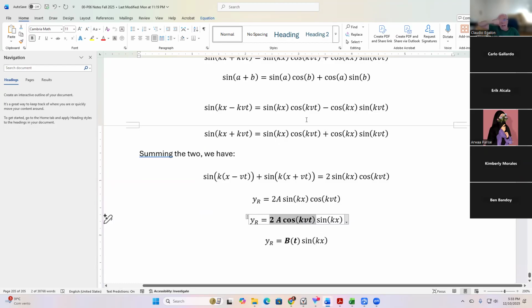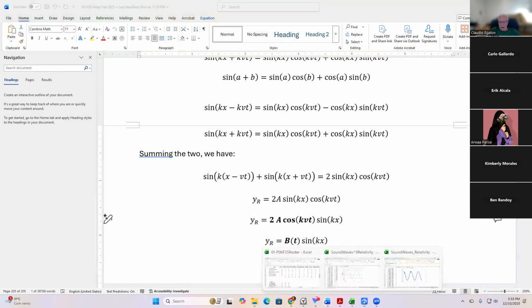So as time goes by, you have this amplitude oscillating back and forth. And then you have here this function that's only a function of the position. And now you can see that you are going to have a sine that's going to keep oscillating back and forth, just exactly how you see it in the string, right? As it vibrates.